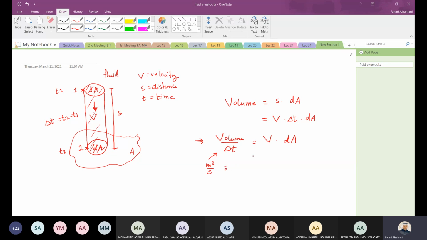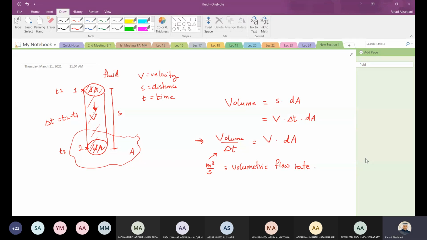We call this volumetric flow rate. يعني how much volume of the fluid is flowing per unit time. Okay, so this is meter cubed of fluid flowing per unit time. We call this the volumetric flow rate.